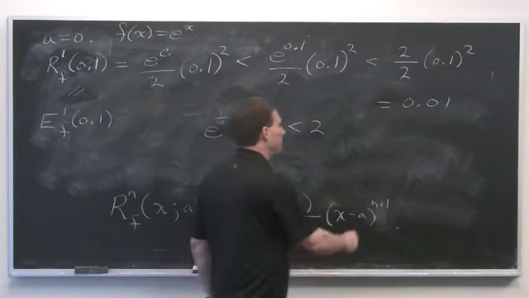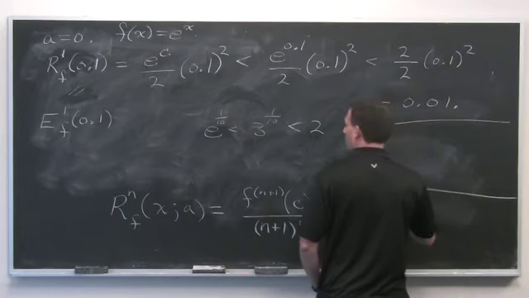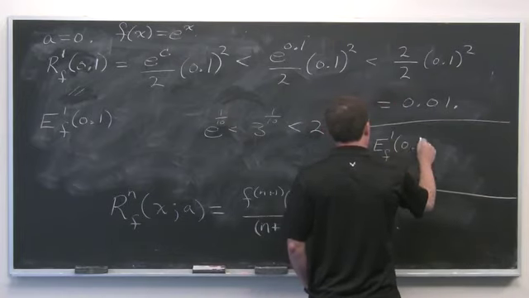And so what does all this tell us? We know by hand, without using a calculator, that the amount of error in the approximation of e to the 0.1, just using the first order Taylor polynomial, is less than 0.01.